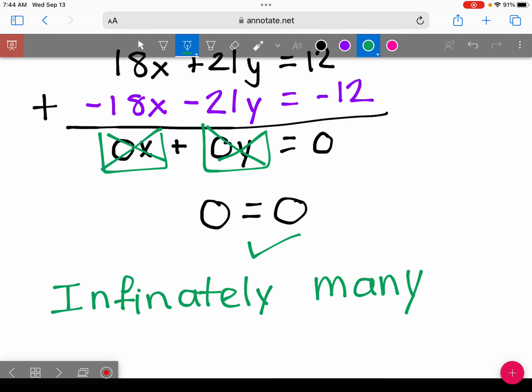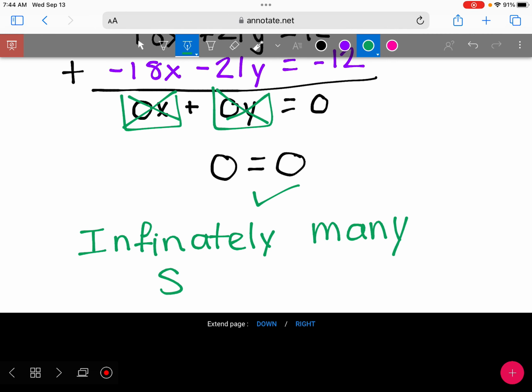If both of your variables cancel out and your other side is 0, that's when we have infinitely many solutions. With elimination, we will either get 0 equals 0, or 0 equals a number for no solution. 0 equals 4 would be a no solution situation, meaning we have parallel lines.